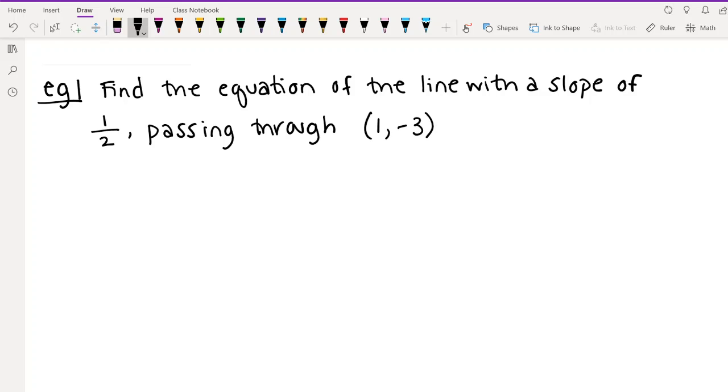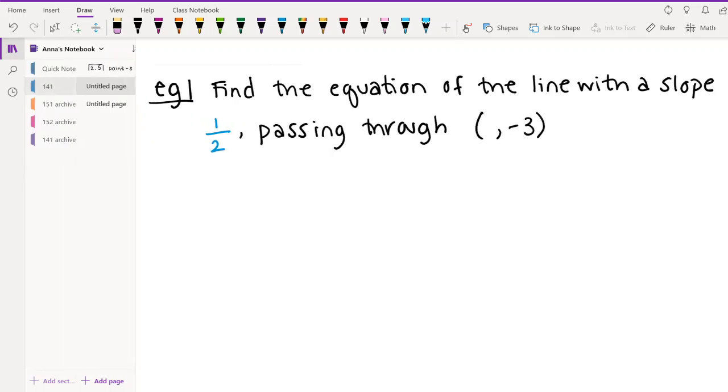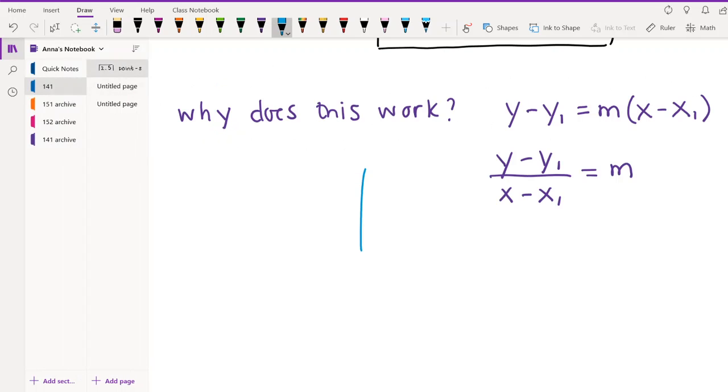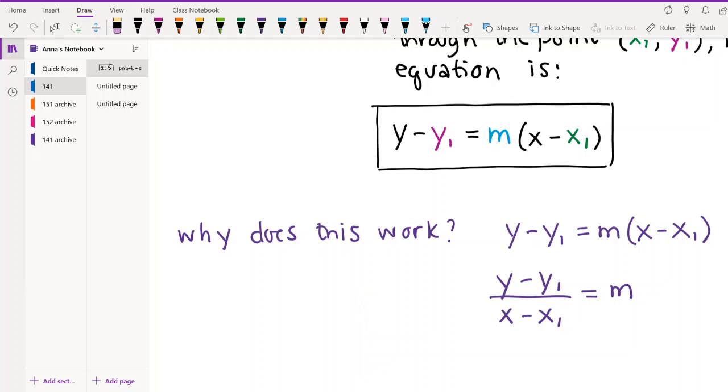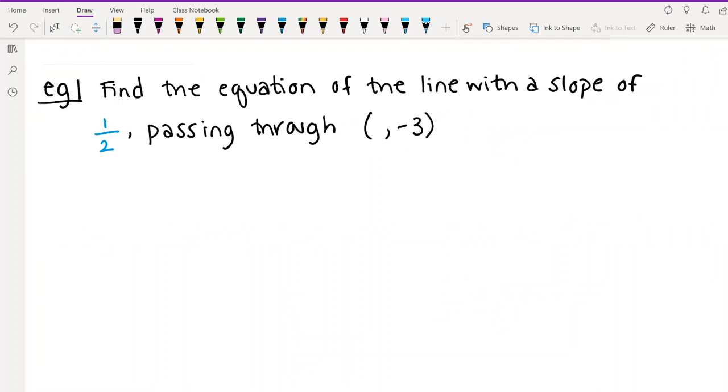And actually, let me color code this to match up with what we had before, just to make things a little clearer. What did I use here? I used green and purple. Okay, so this is green, so this was 1 and -3.